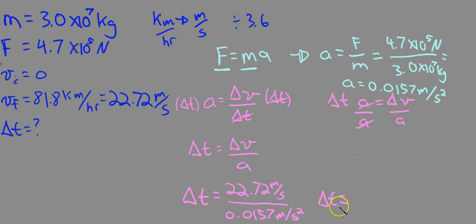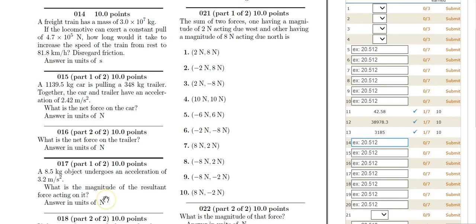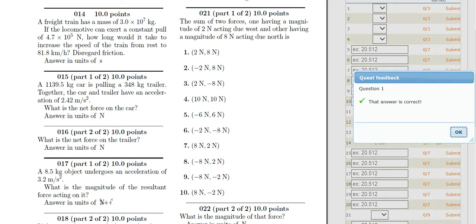So my change in time here is going to be 1,450 seconds. Now I could change that into minutes or hours if I needed, but I do believe the question asks me to answer in seconds. So 1,450 is what I'm going to want to do. So let's plunk that in here. 1,450. And there you go.